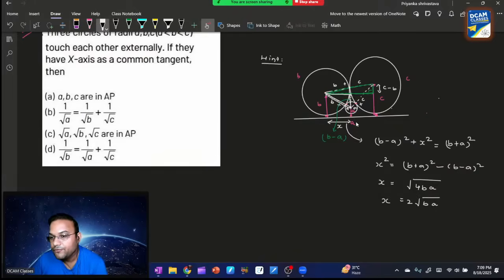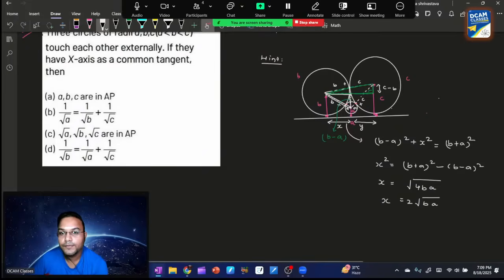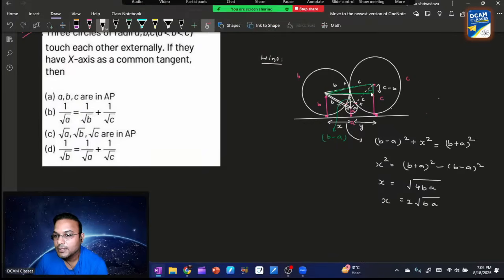Similarly, can you give me the value of this y?